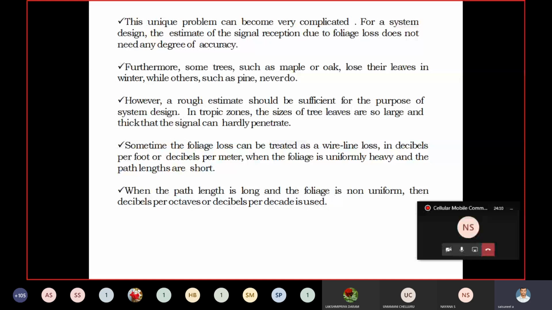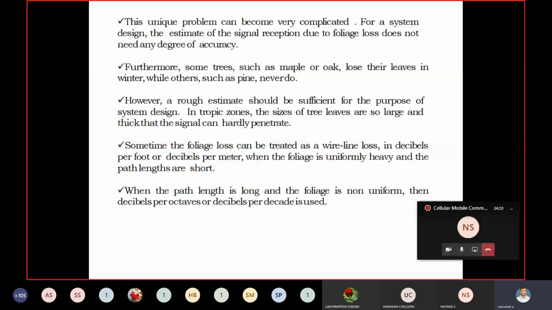Some signal is lost. We give an input signal of 10 volts peak to peak and get an output of 8 volts peak to peak. The loss is 2 volts peak to peak, which is attenuation. At that time, the foliage loss is like a wireline loss.